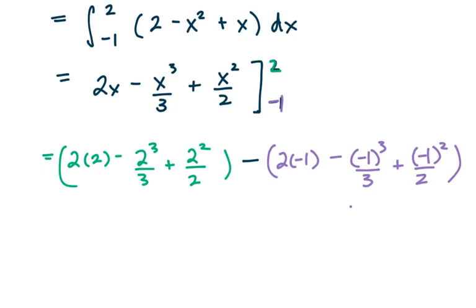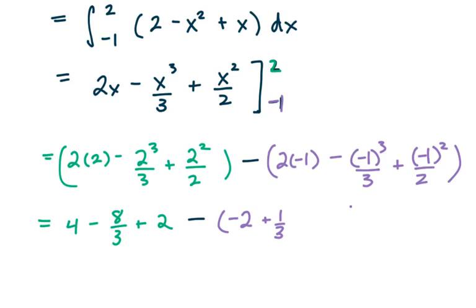So that first piece, let's see what we get. I have 4 minus 8 thirds plus 4 halves, and 4 halves is 2, minus -2, that would remain -1 when I cube it, so negative, that would be plus 1/3.